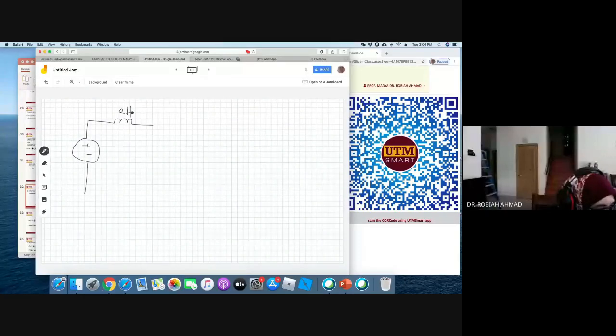And the voltage just now, it doesn't give us the value. And then we have the resistor and the capacitor.